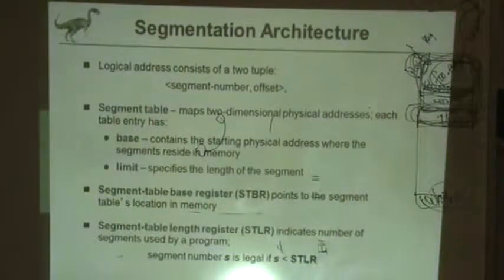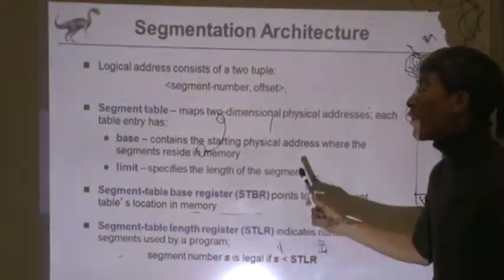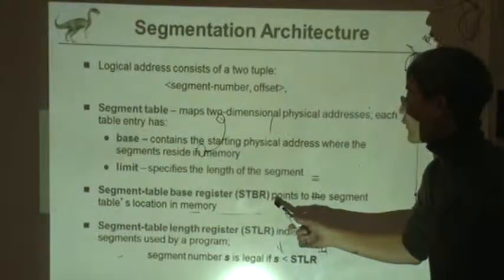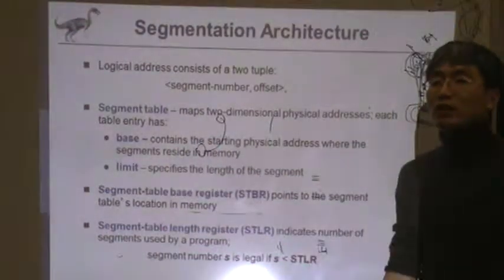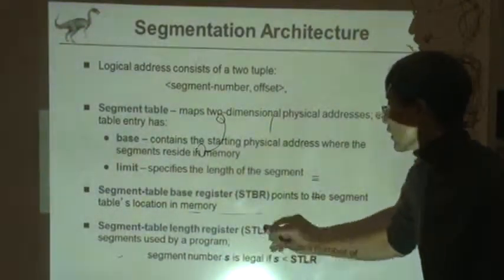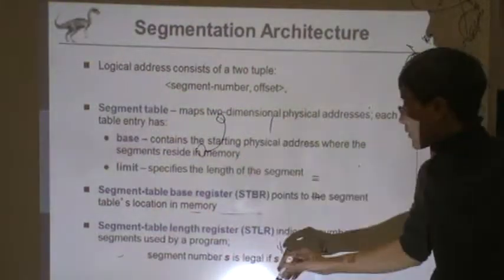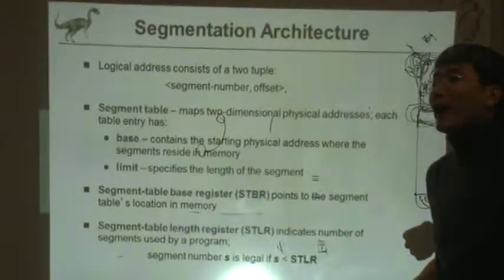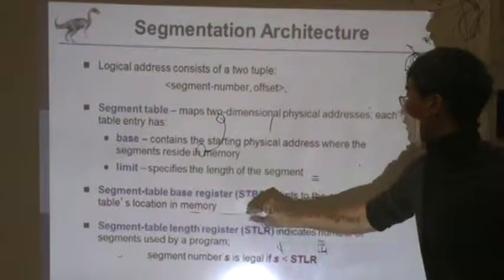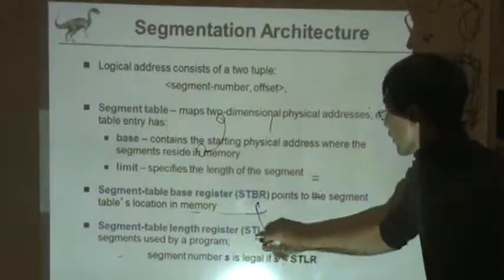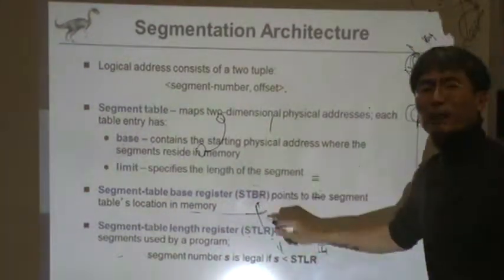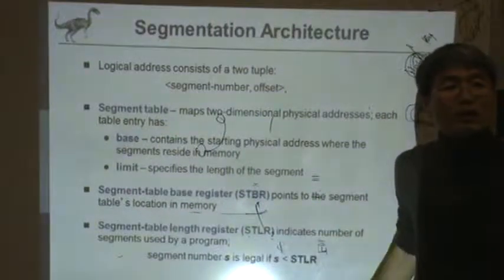So that is the same thing. It's a base register, the base address of such a segment, and this is the length, the size of it. How can we find it? By adding the STBR and STLR. What are they, by the way? They are registers.